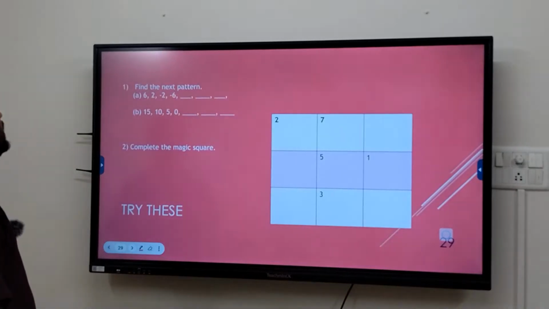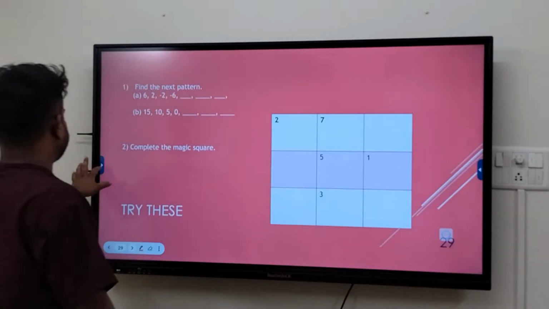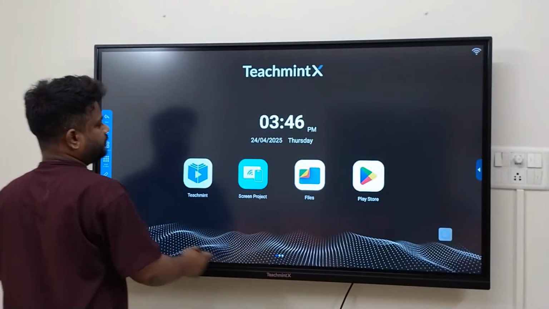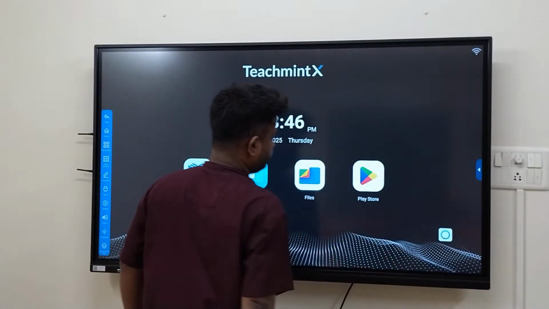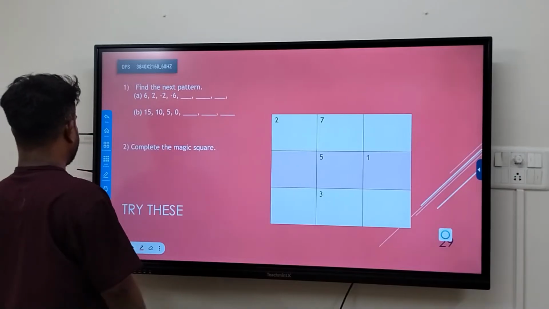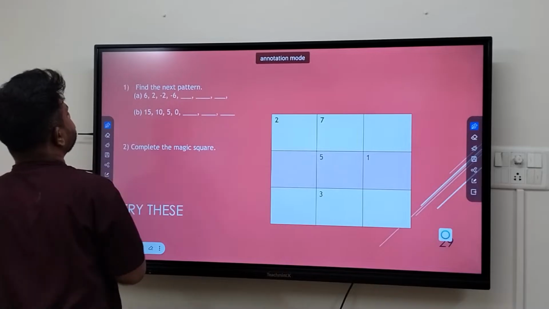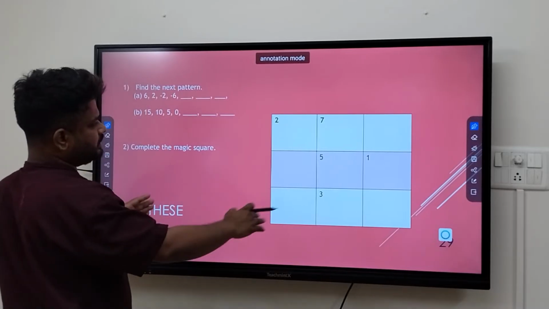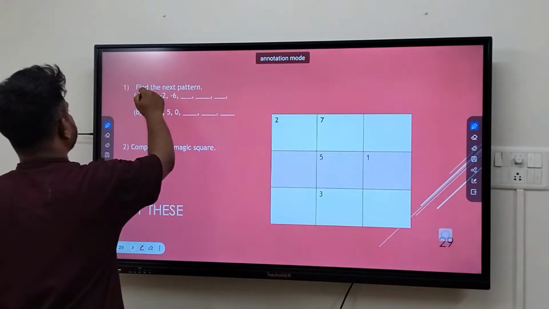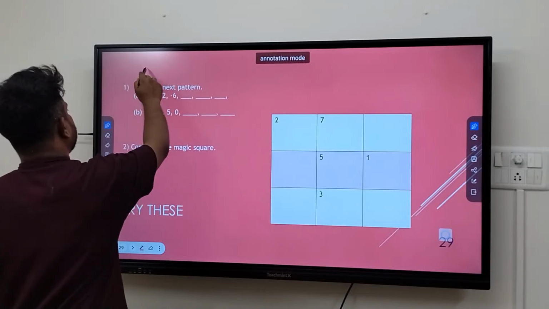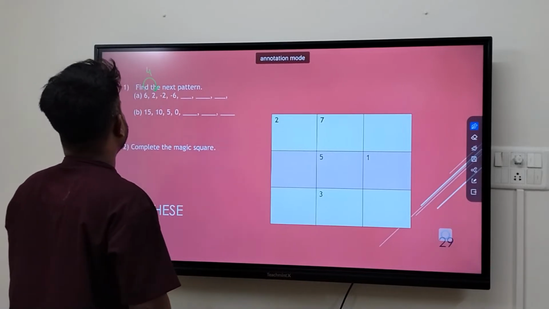Okay, find the next pattern. This is a pattern, and this is also beneficial for reasoning. So 6, 2, -2, -6, and the list will go on. From 6 to 2 the answer will be 4.